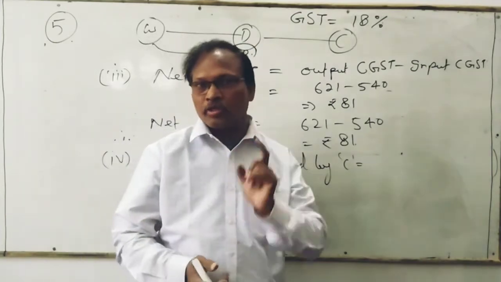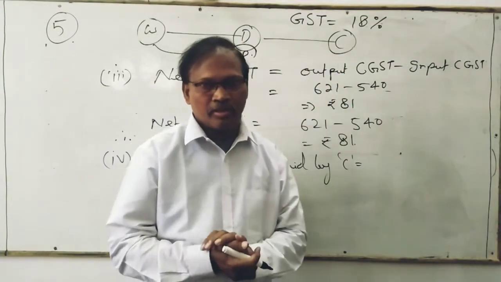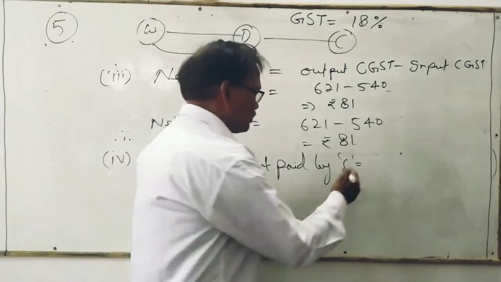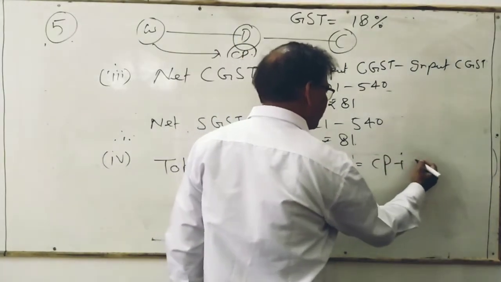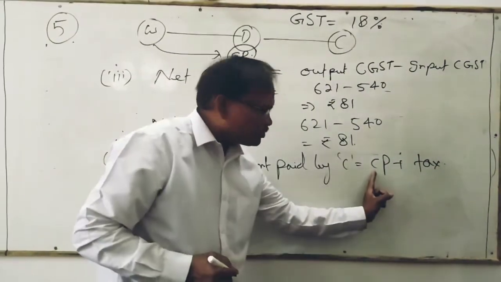And what is the total tax? The tax paid on their cost price, क्योंकि वो दे रहा है तो tax paid on their cost price, तो CP plus tax, and this tax calculated on the same CP.